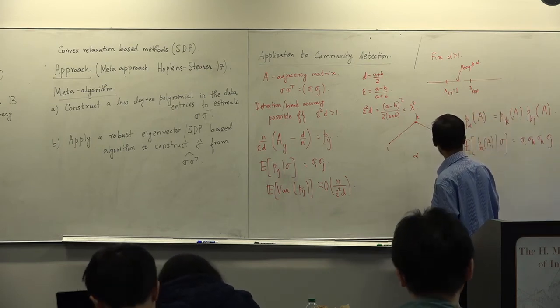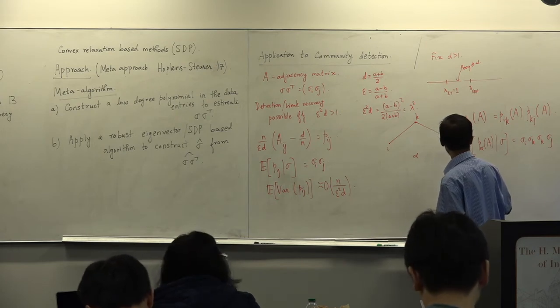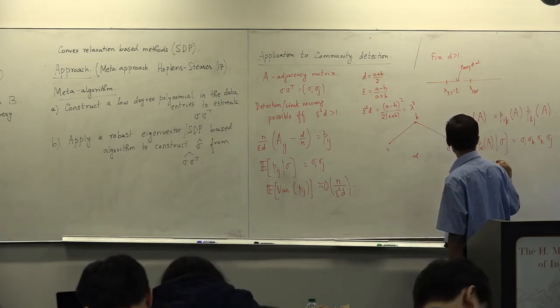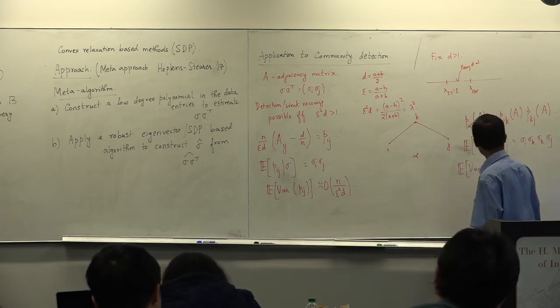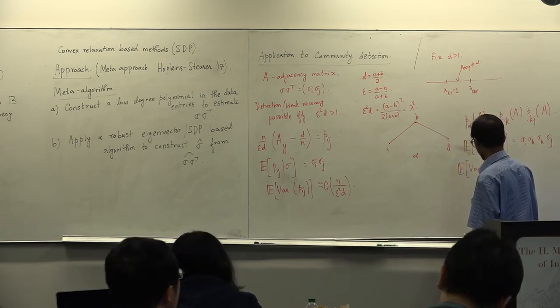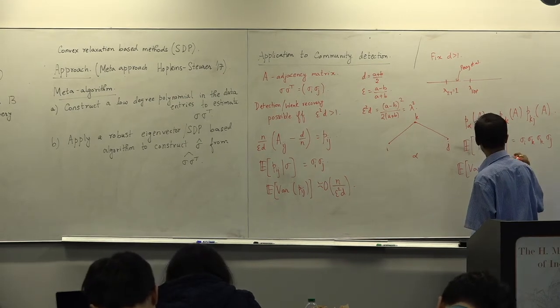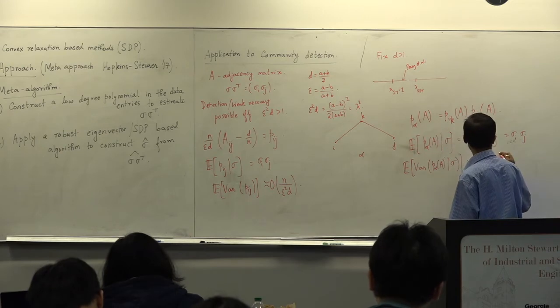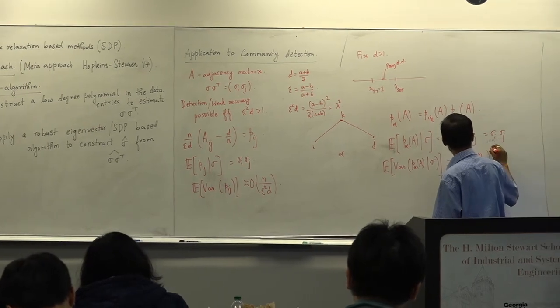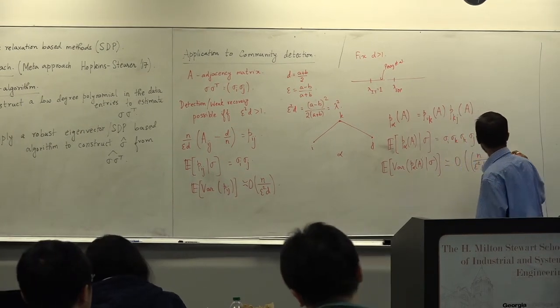And if I look at the expected variance of P alpha given sigma, then this is growing actually. So this turns out to be n over epsilon squared d raised to the L, where L is the length of the path.